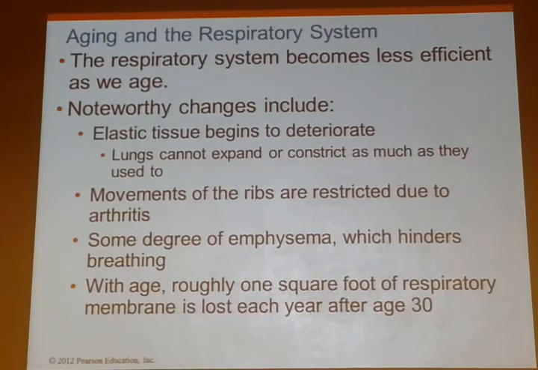As we age, everything gets less efficient, and that includes the lungs. The elastic tissue, like the elasticity of your skin, starts to decrease in the number of fibers, so your lungs don't stretch as easily, and you have to work harder to breathe that volume in.